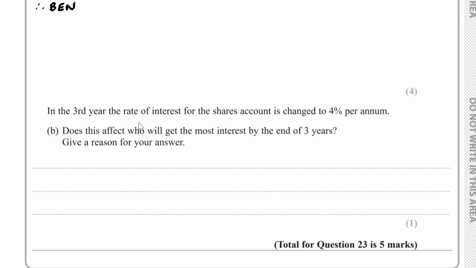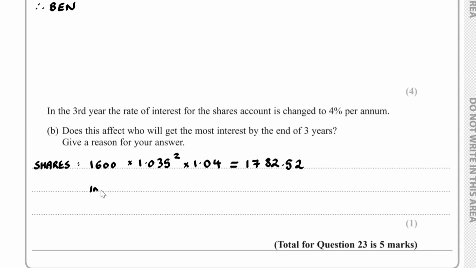Now for part B, in the 3rd year, the interest for the shares account is changed to 4% per annum. Does this affect who will get the most interest at the end of the 3 years? Give a reason for your answer. Well, same idea. If I consider the shares account, I've got 1,600 multiplied by 1.035 squared. So that's in the first 2 years, and then in the 3rd year, the interest rate is 1.04. So it turns out we get 1,782.52.